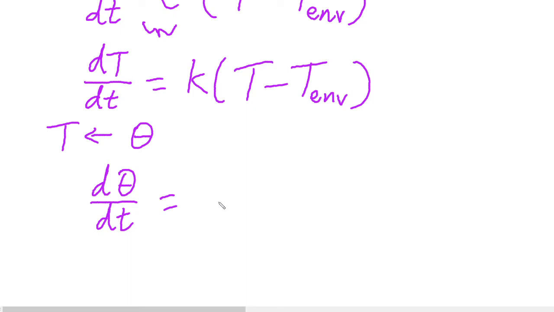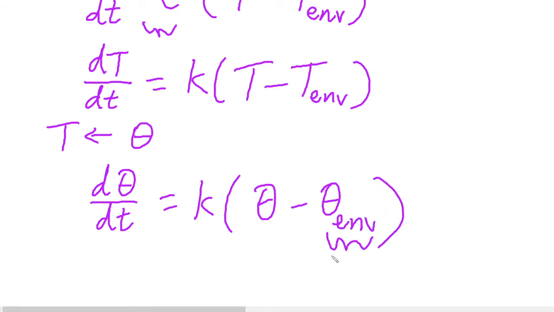So d theta by dt is equal to k times (theta minus theta env). Here env stands for environment, the temperature of the environment, and this theta is the temperature of the body in question, which is also the same as this theta.